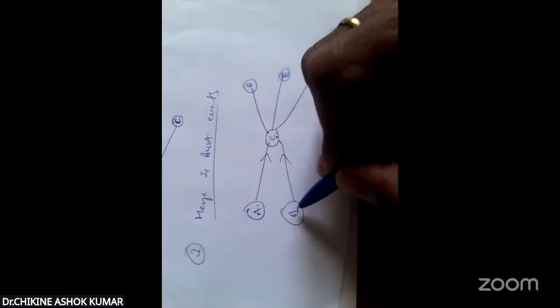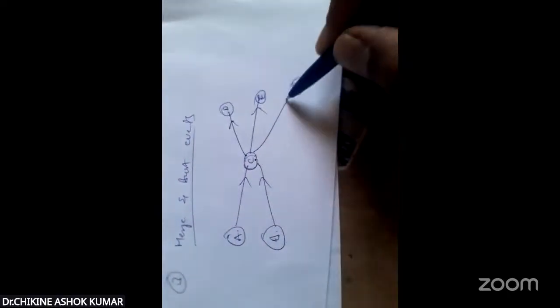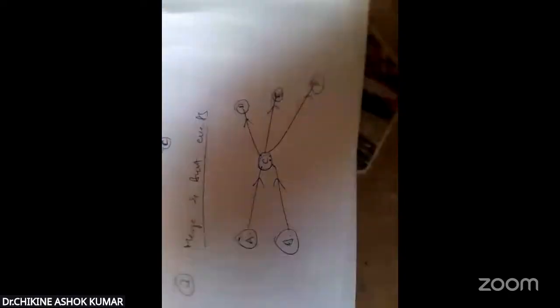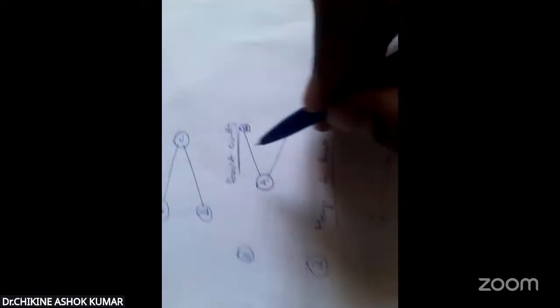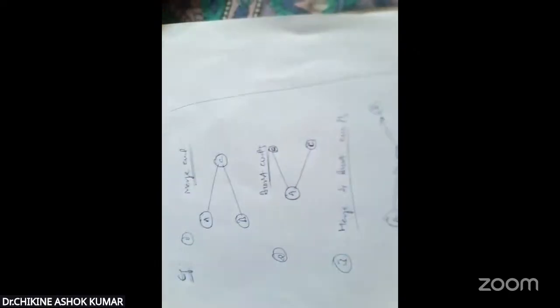Why? Because A, B are merging at C. And if you move from C like this, here C is called a burst event because C is separating into three different events D, E, F. So this is called merge and burst events. This is only a burst event. This is merge events. So these are the different types of events.